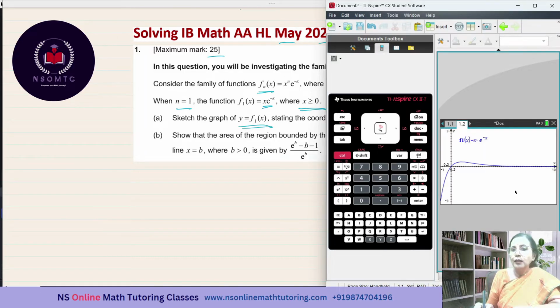Okay, so this will be the shape of the graph, and we see the x-axis is the horizontal asymptote.